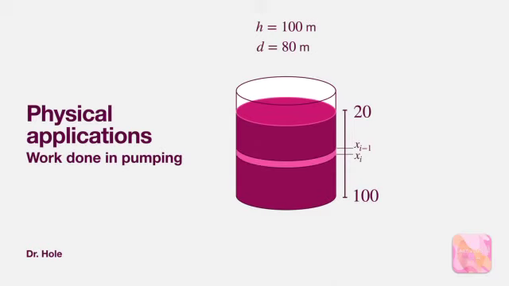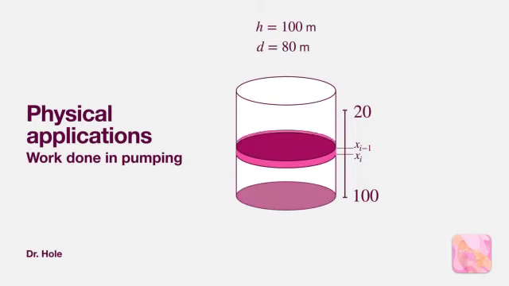So, considering a representative depth of x at an ith subinterval, let's think about just removing all water at this depth by considering a representative slab of liquid.